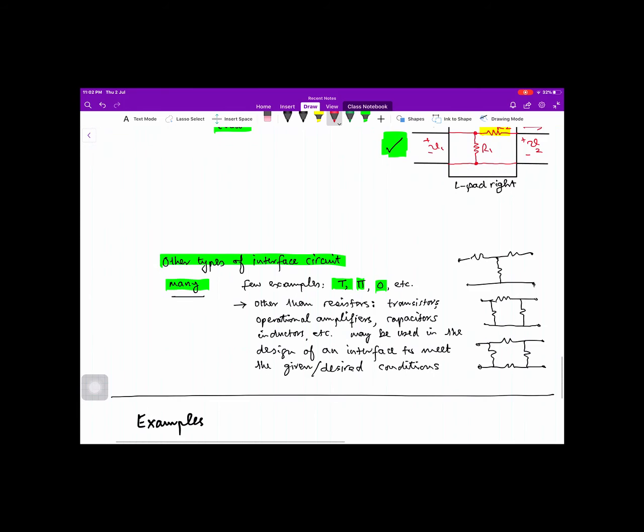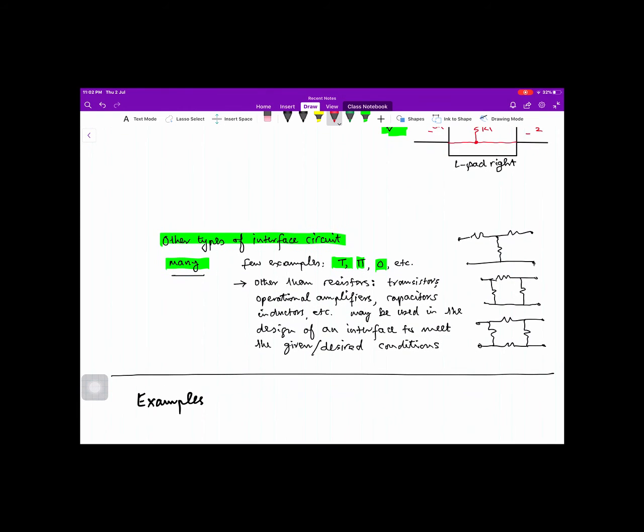And now other interface types. In other interface types, other than resistors, we can use transistors and operational amplifiers, which we'll be discussing in chapter 4. Capacitors, inductors, and even transformers can be used in interface circuits. And what is our requirement?